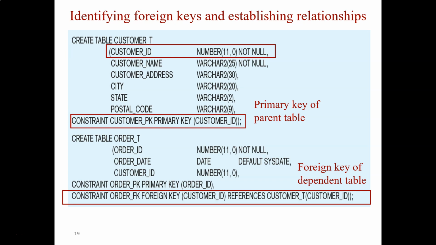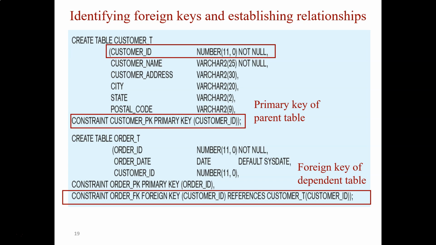Now let's look at how these commands define primary and foreign key pairs. This constraint is important as it defines the relationships between tables. In our example, customer table has a one-to-many relationship with the order table.